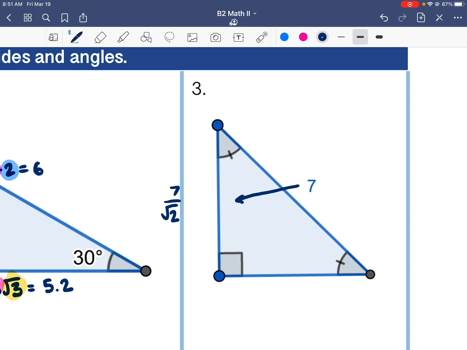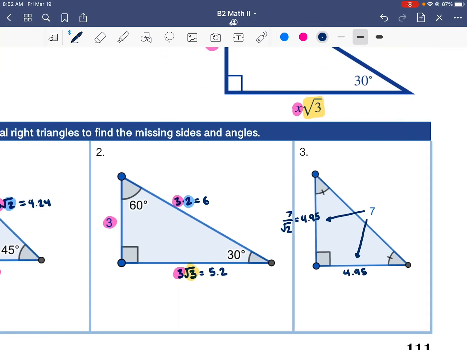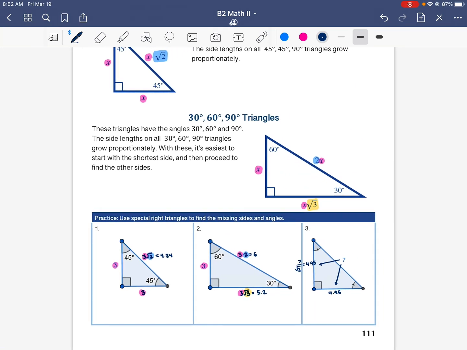We're not going from the shortest to the hypotenuse. We're going the other direction. So 7 divided by root 2 is 4.95. An ugly number, but it's actually the same on both. Once you have one, you have both. So you have to pay attention to which side you're starting with, because sometimes they give you the side that's not quite as convenient.